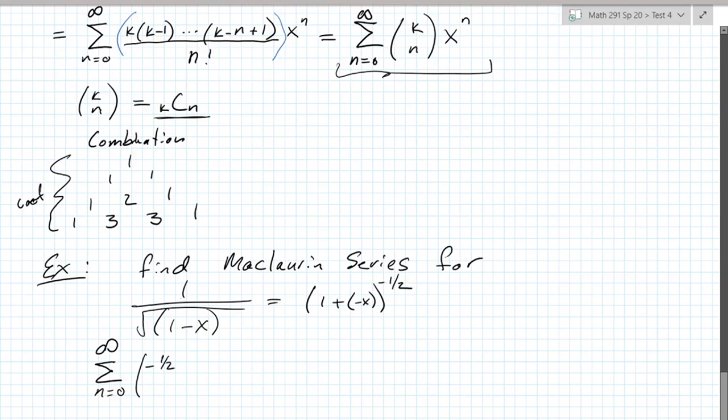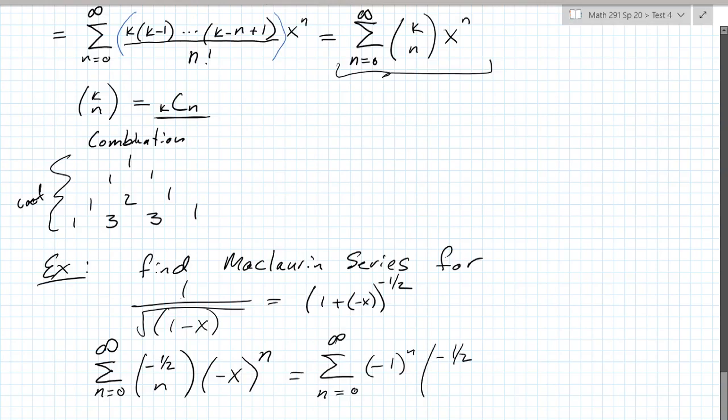Then we have our n right there. Then we have a negative x to the nth power. So that's our expansion. If you prefer, we could rewrite it so that it's got that alternating sign and write negative 1 to the n, negative 1/2 choose n, x to the n.